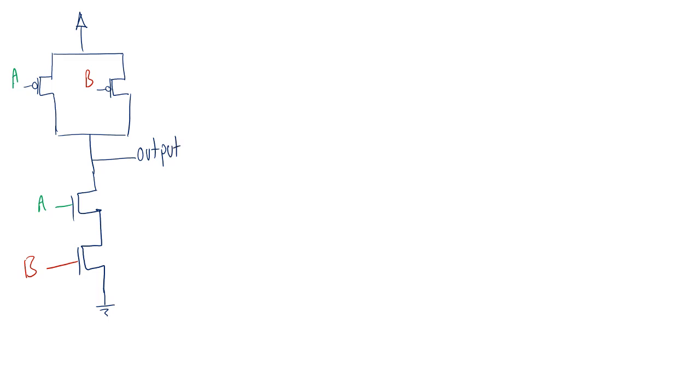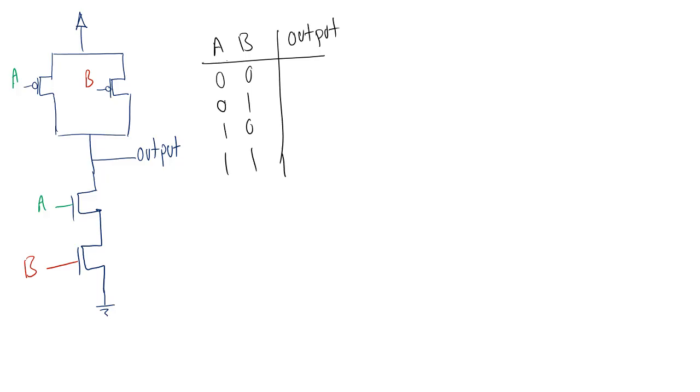Now the question is, what is the logic that this circuit is actually representing? So I'm going to have A and B, and the truth table is going to have 4 rows: 0 0, 0 1, 1 0, 1 1. The question is, what would be the output for each of these cases? Again, this is one of those times that I want you guys to pause the video, try to solve it, and then we'll do it together.